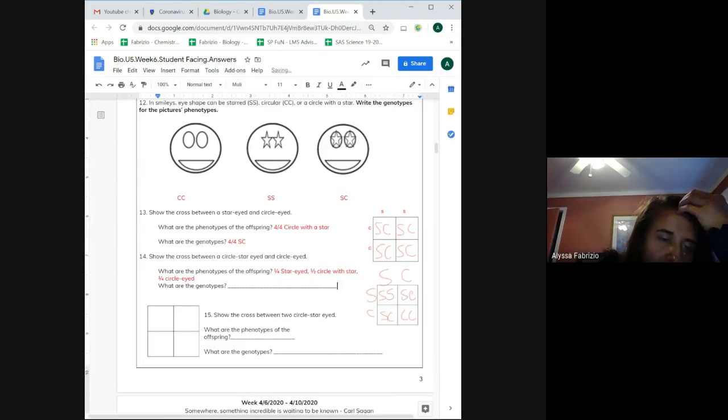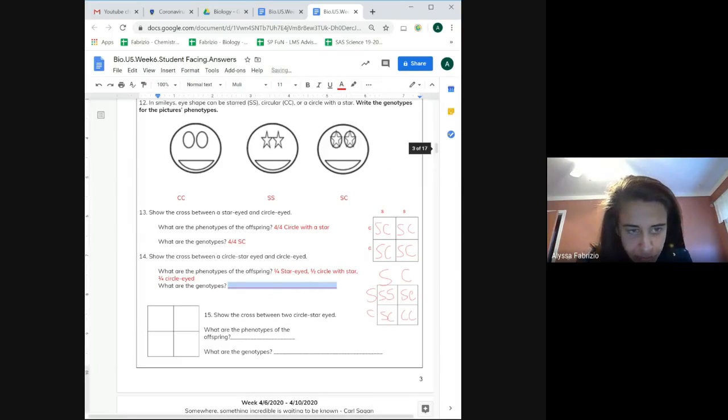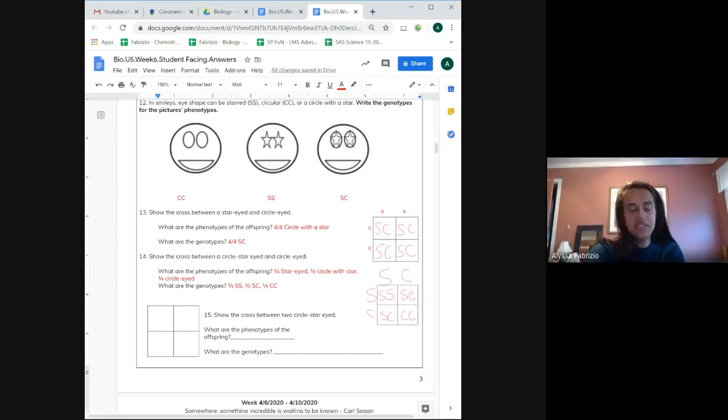And then it asks what our genotypes are. A quarter of them are SS, homozygous dominant for S, half are going to be heterozygous, and then the other quarter of them are going to be homozygous for the C trait.